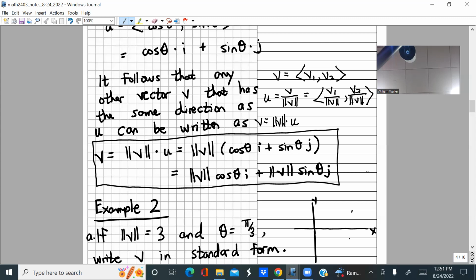But now, what did we just learn about unit vectors? How can we write them down? In what way? In standard form, right? And what does the standard form look like for unit vectors? It's always what? Cosine of the direction times i plus sine of the direction times j. So for any vector, you can write it as its magnitude, see, there's its magnitude, times cosine of its direction times i plus sine of its direction times j.